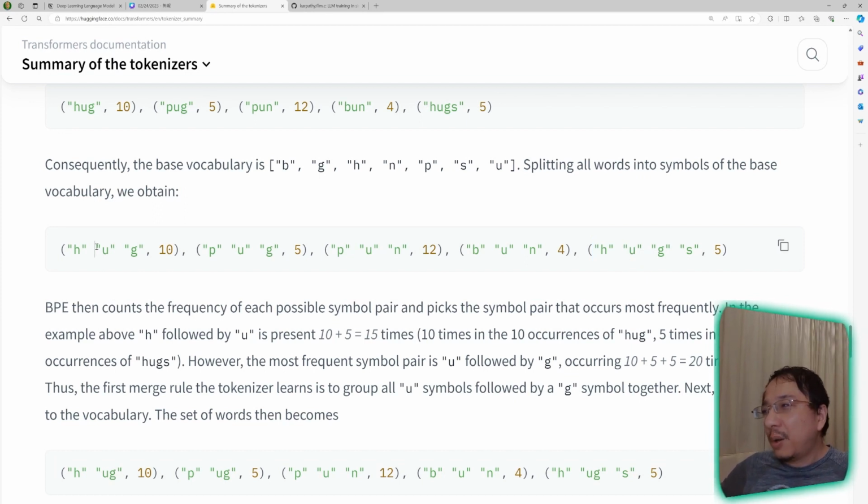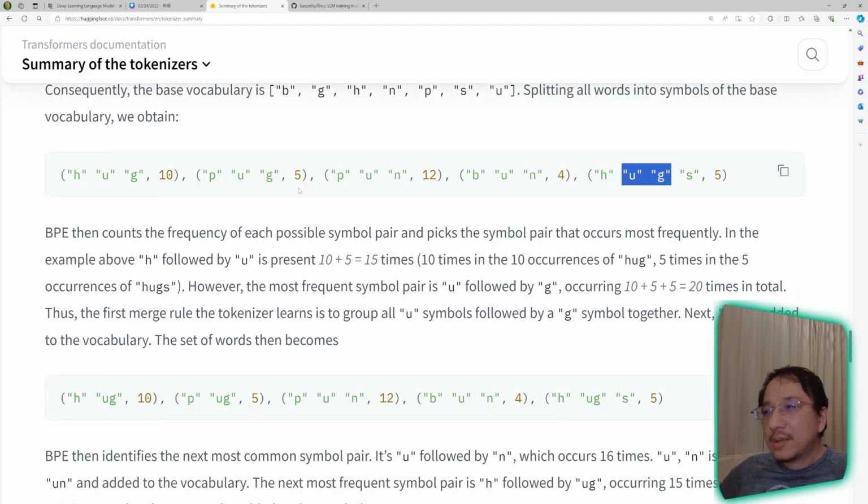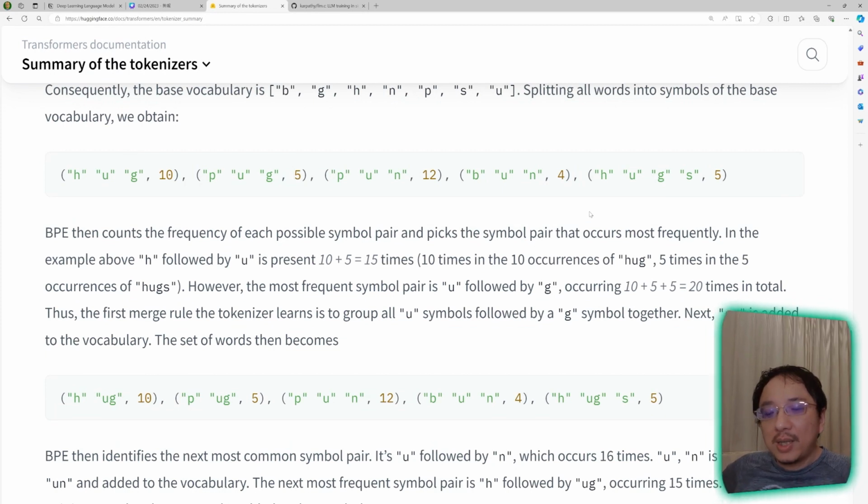And for example, UG appears in HUG 10 times, appears in PUG 5 times, and also appears in HUGS 5 times. So 10 plus 5 plus 5, it appears 20 times.